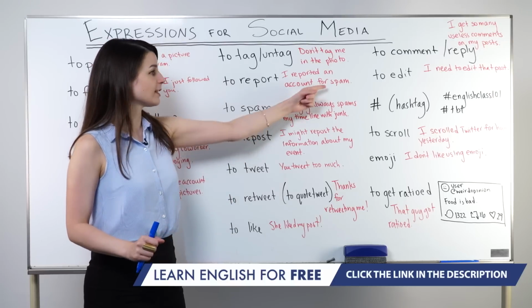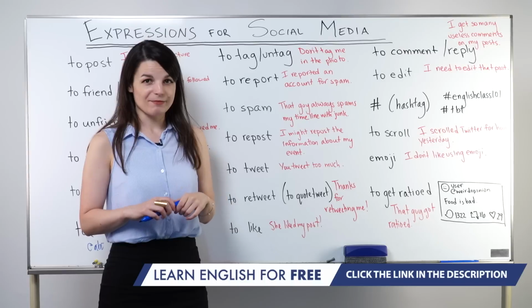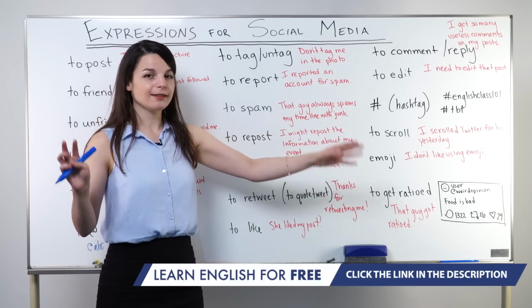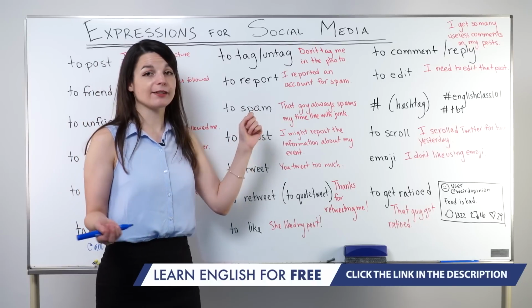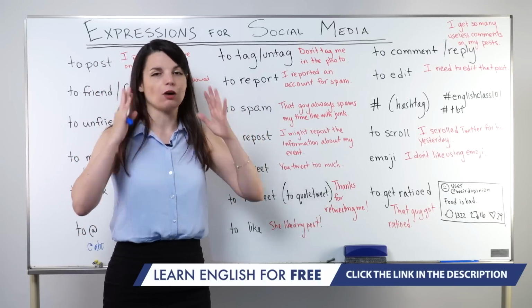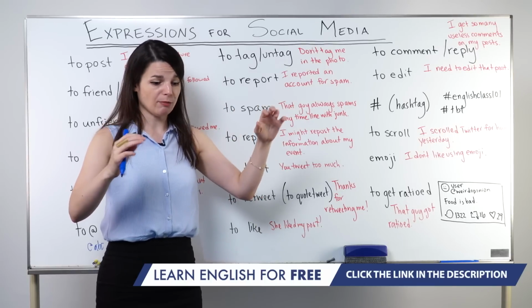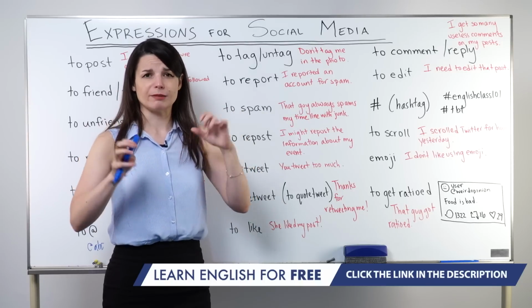All right, so this leads us to the next vocabulary word, which is to spam. Spam can be used as a noun to mean junk, and we can also use spam as a verb. When we use spam as a verb, it means we share a lot of information at one time. Maybe in 15 minutes, we make lots of posts about the same topic, or we share lots of tweets about the same thing.